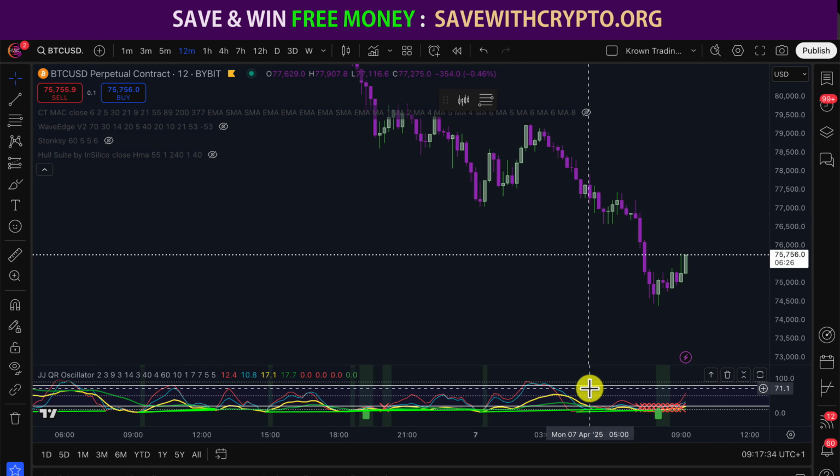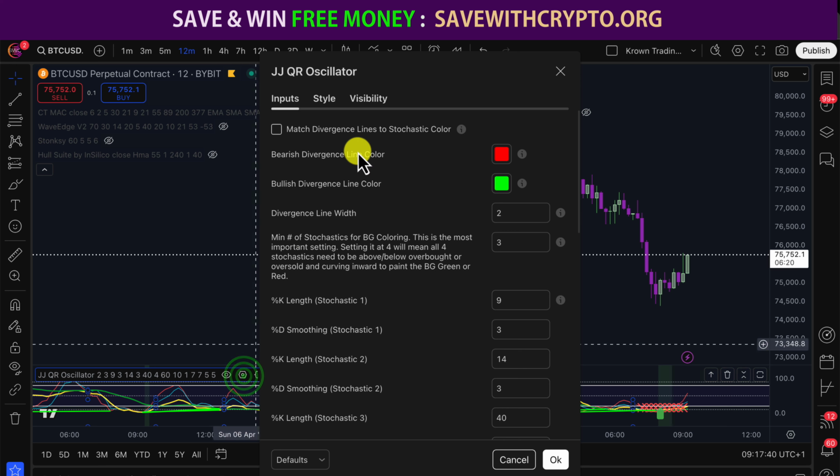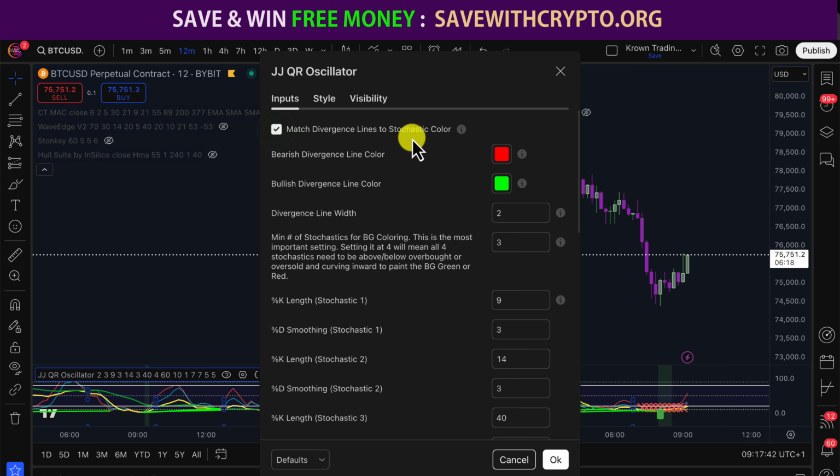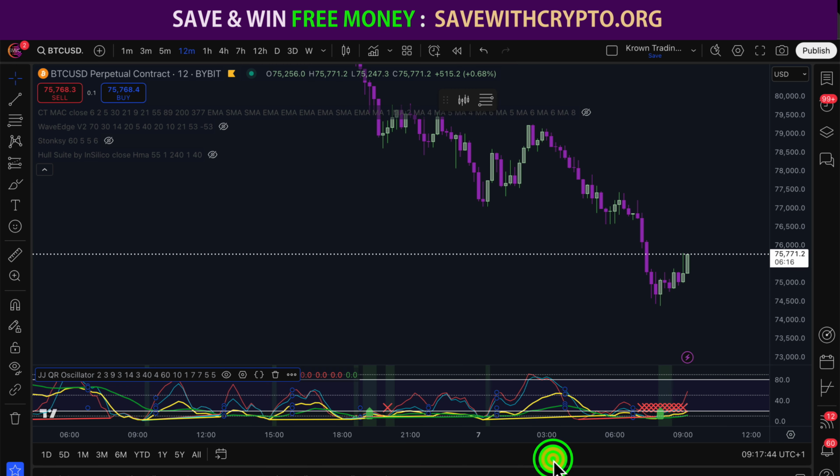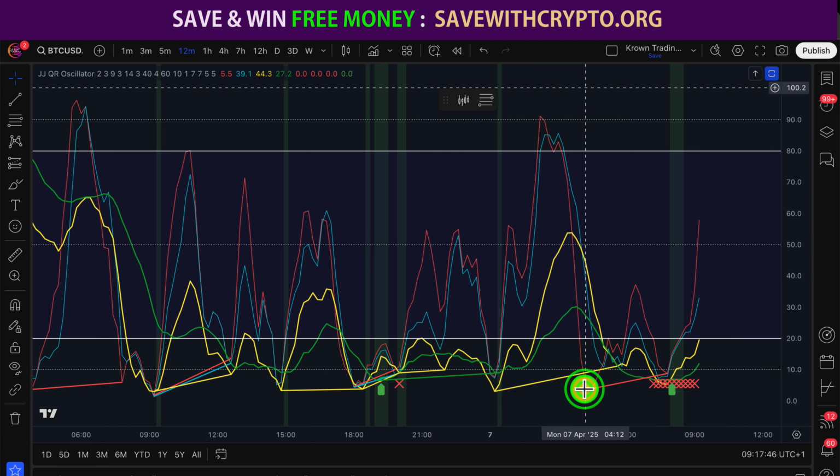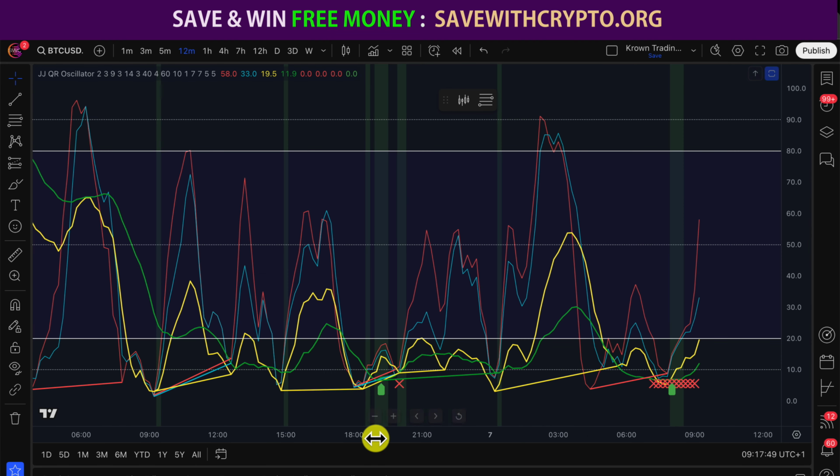Now he's also done it so that if you go to the settings and click match divergence lines to stochastic color, if we expand this, you can see these yellow lines here, for example, which means there's bullish divergence on this yellow stochastic.